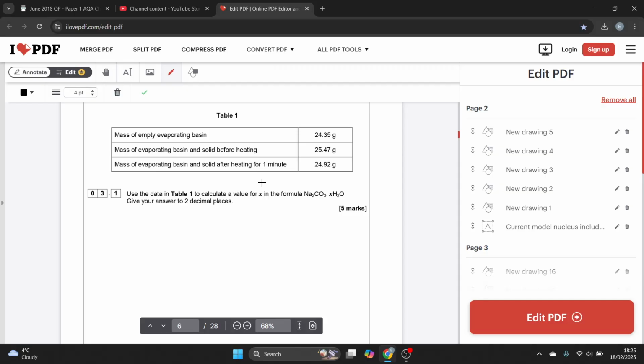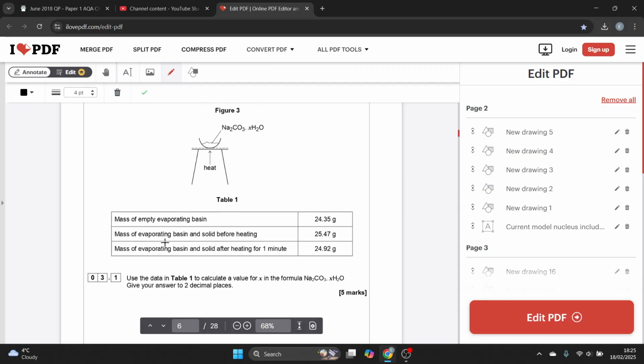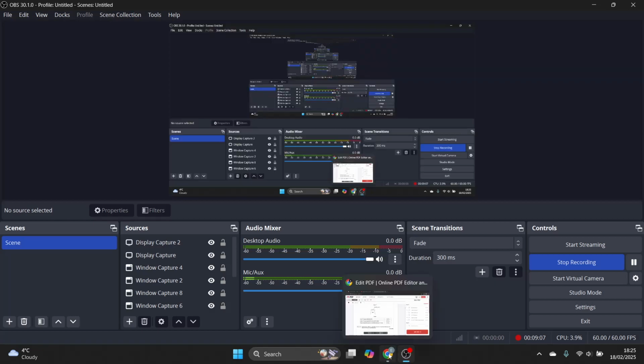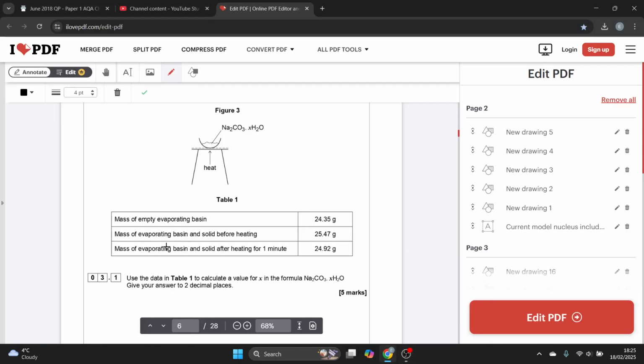Well, what I'd have to do then is work out the moles of sodium carbonate, work out the moles of H2O, and then I can find out X. But in order to find out the moles of sodium carbonate, I need to find out the mass. I know the mass of empty evaporating basin and the mass of evaporating basin and solid before heating.